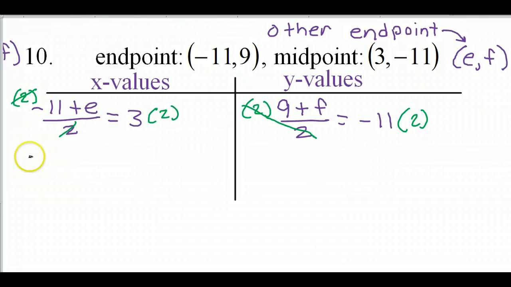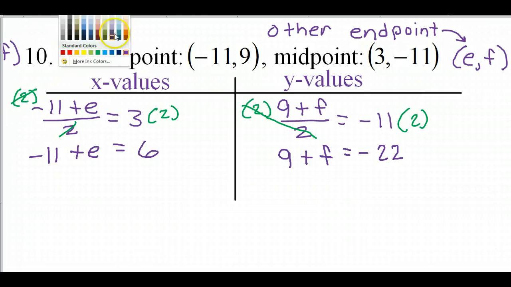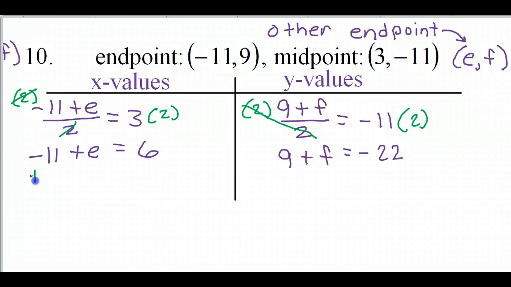And that will leave me with -11 plus e equals 6, and 9 plus f equals -22. Got to get e by itself, you guys. So I'm going to have to do plus 11 on both sides, and minus 9 on both sides. That's going to leave me with e equals 17.